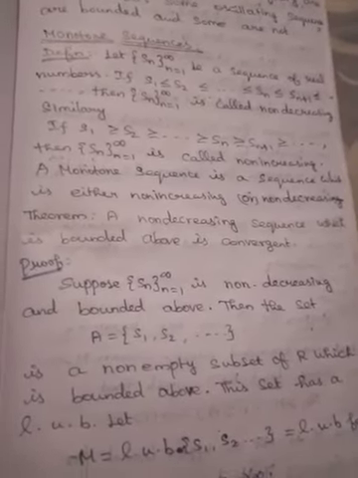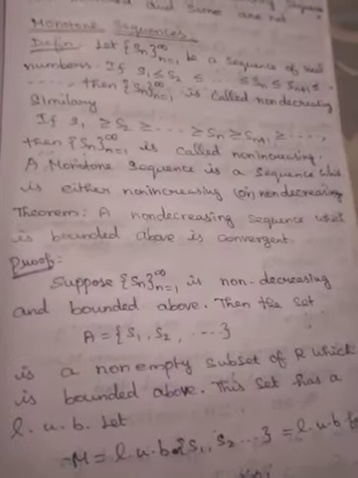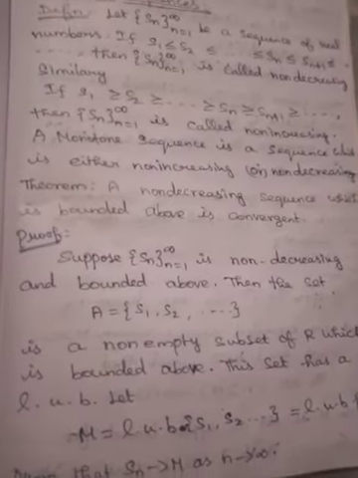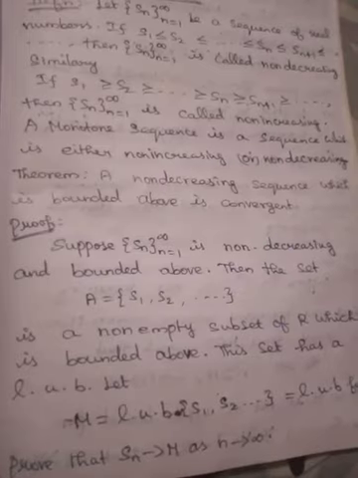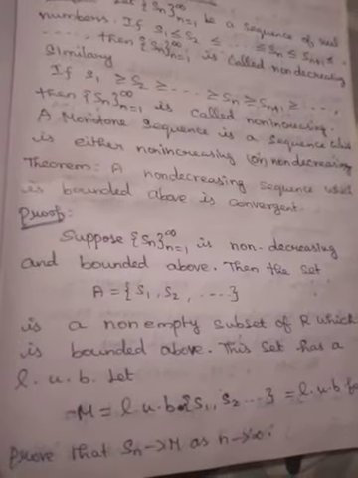This set has a least upper bound. Let M equal to the least upper bound of {S1, S2, etc.}, equal to the least upper bound of A. We prove that Sn tends to M as n tends to infinity.